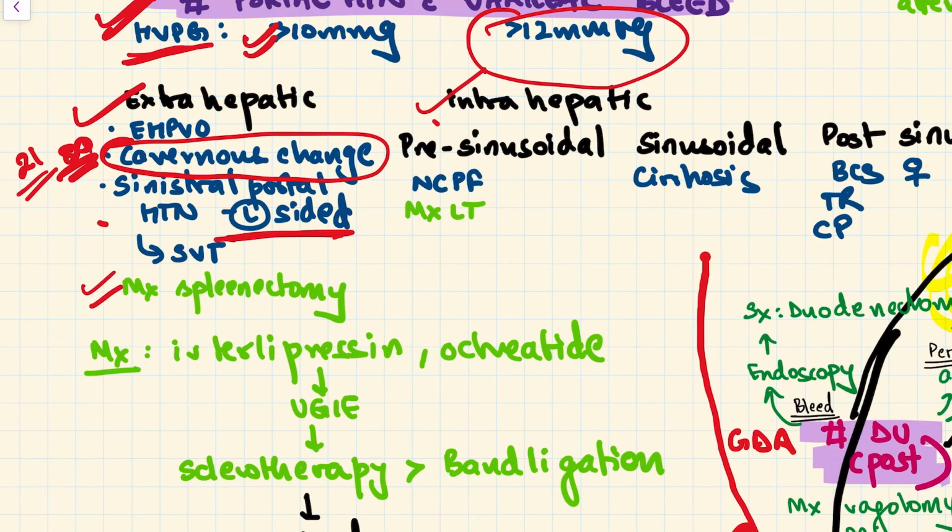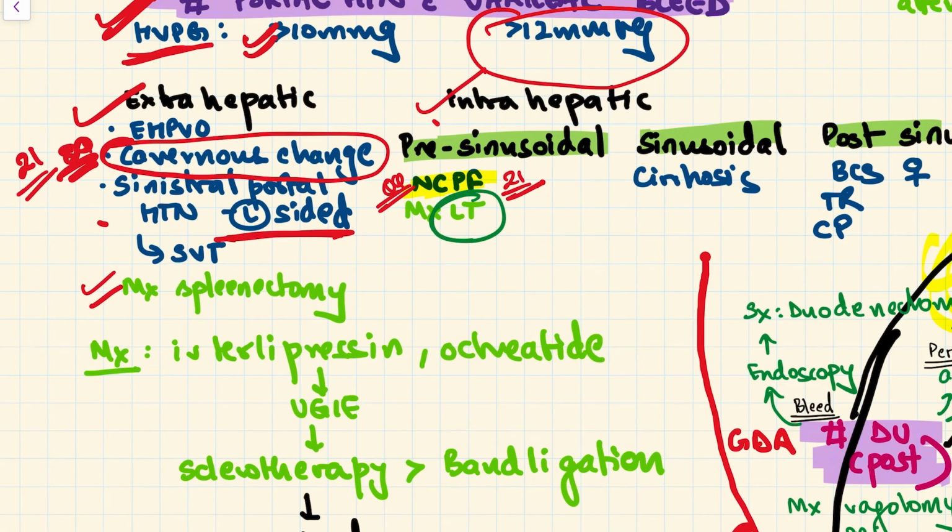The intrahepatic causes are further divided into pre-sinusoidal, sinusoidal, and post-sinusoidal. The pre-sinusoidal are non-cirrhotic portal fibrosis. This was also asked as an option in NEET 21, I think, but some recent exam only. And the only management for NCPF is liver transplantation.